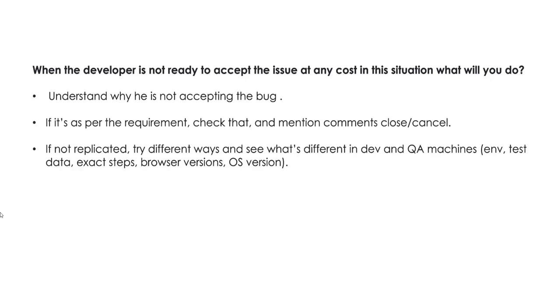Try whatever you have tested and see if it is reproducible on other systems and other environments also. Just check that. So that's how you can prove whether whatever you have said is right or not. You can go and prove it.